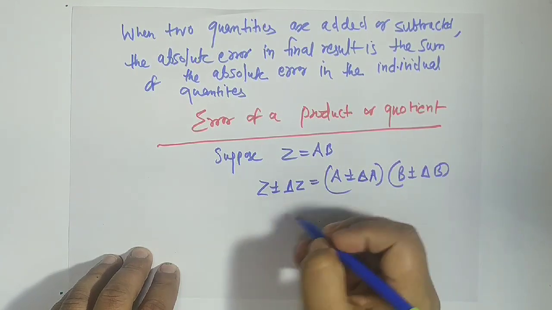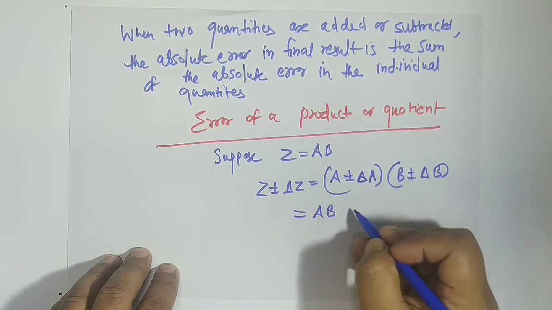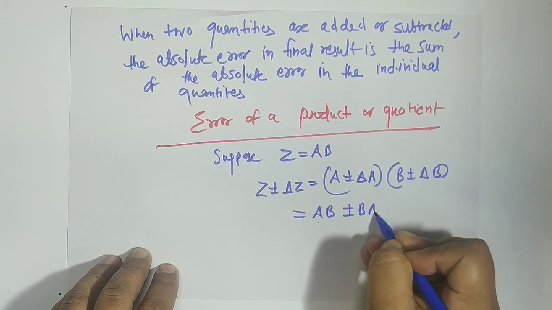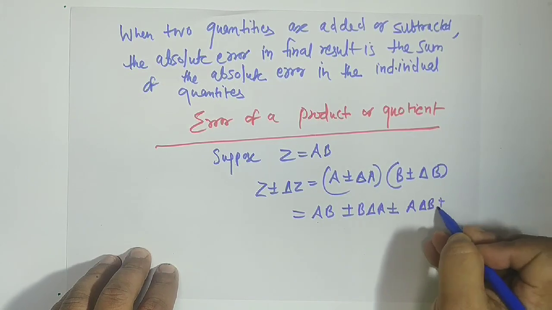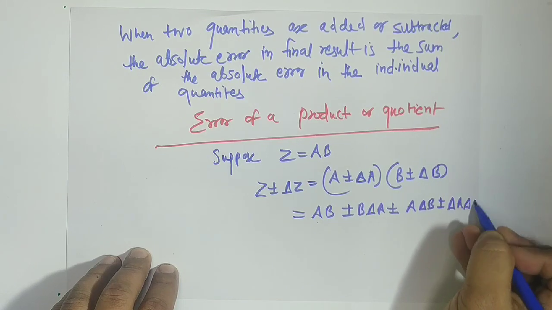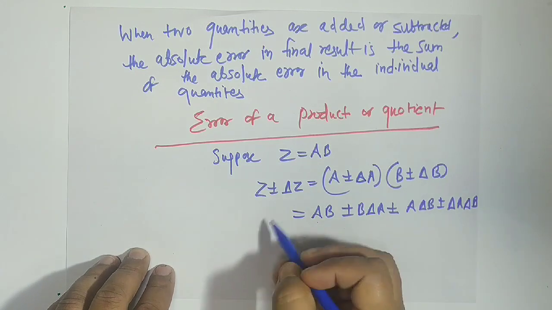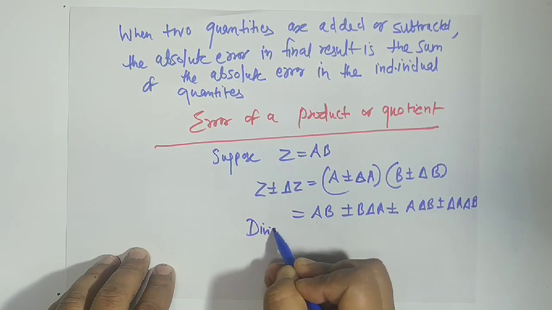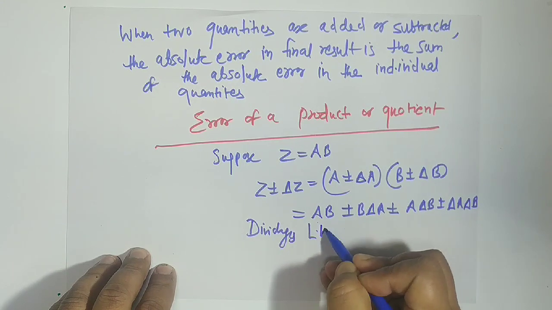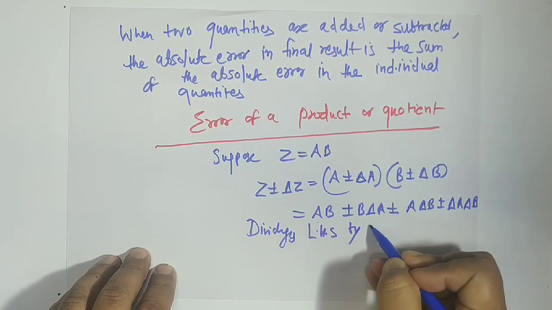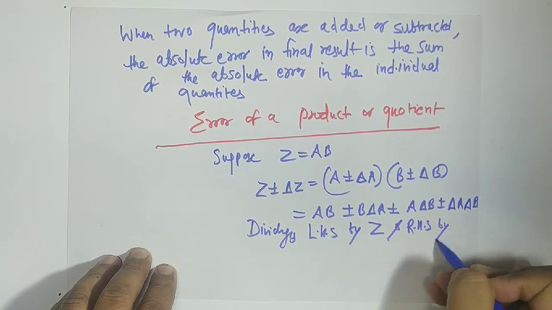Though we are not going to ask for the proof. We'll do the numerical, then we multiply it. It will come like this: B delta A plus minus A delta B and plus minus delta A delta B. Simple multiplication. And then dividing LHS by Z and RHS by AB.